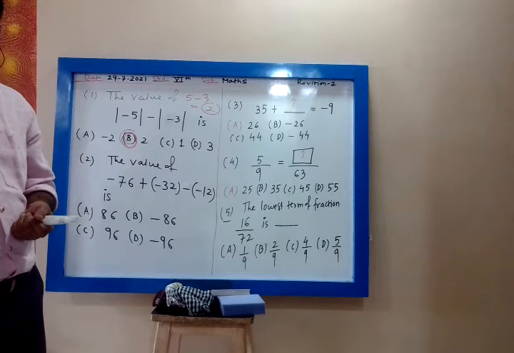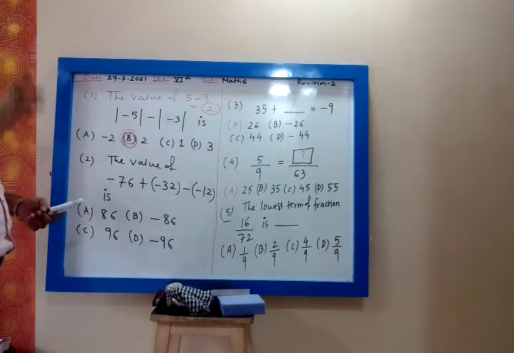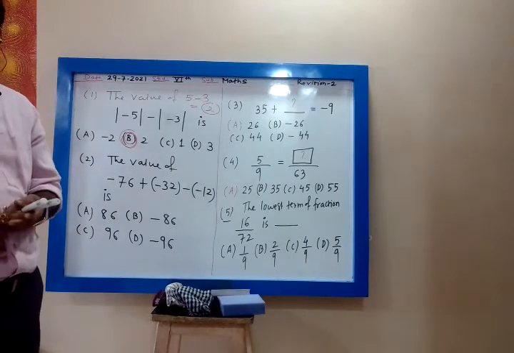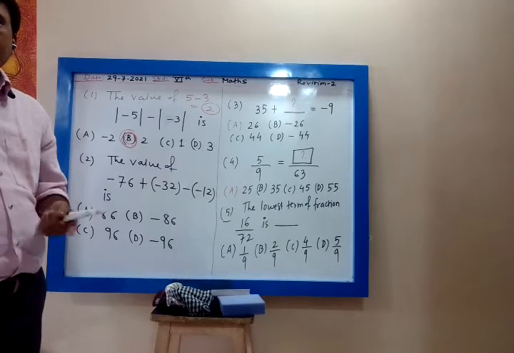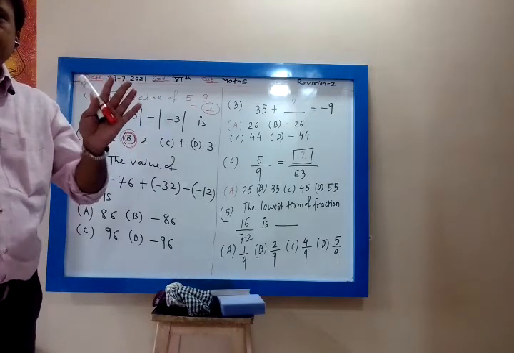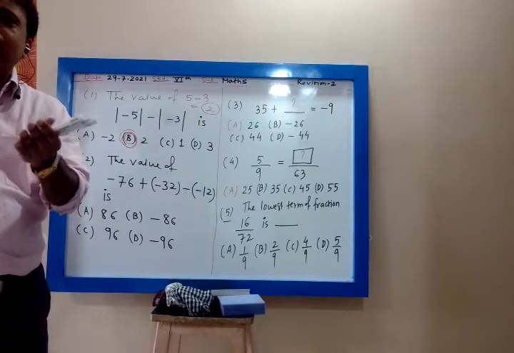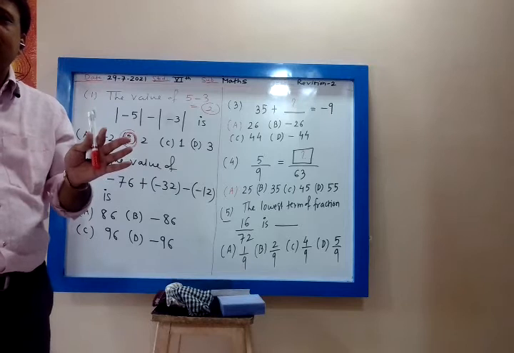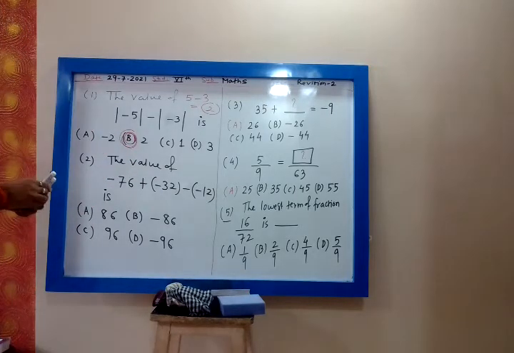Ansh Yadav, plus 96. Let us see. I did not say that Ansh Yadav is correct. I don't know whether minus 96 is correct or plus 96. Let us see who is correct.